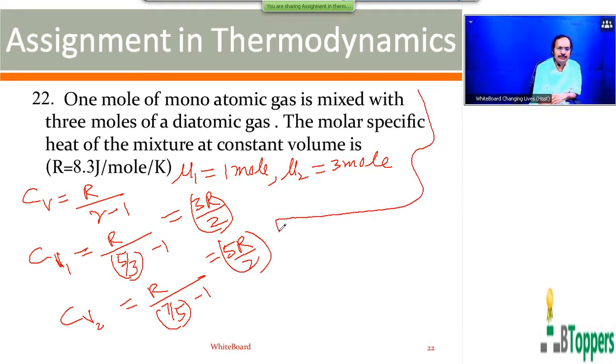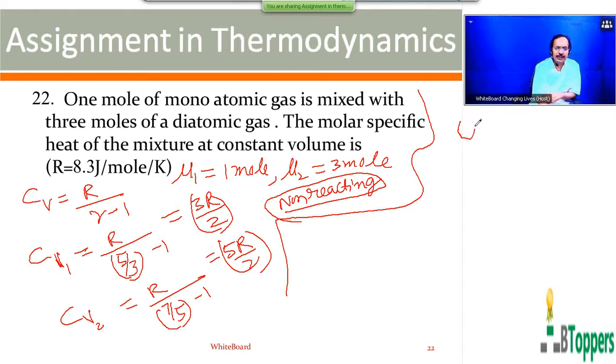As I told you, when two ideal gases, I mean non-reacting gases, are at the same temperature, if they are mixed together, then total internal energy of the system remains constant.